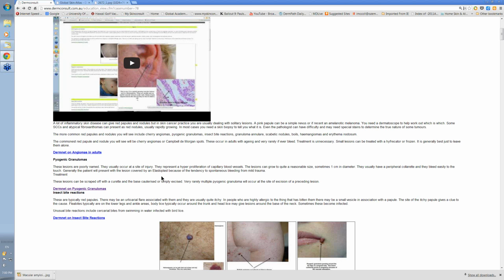You know, you've got to produce all these vessels in the fetus and in the placenta. And typically it's usually in later pregnancy when women develop these, usually in the last trimester, and they grow very rapidly. So they're benign proliferation of capillary blood vessels. We'll go into the management of them in the webinar itself.